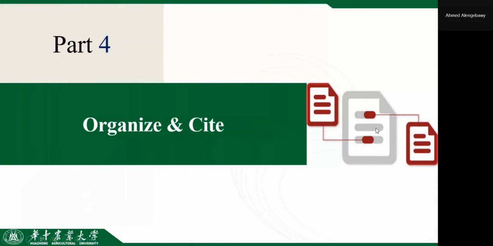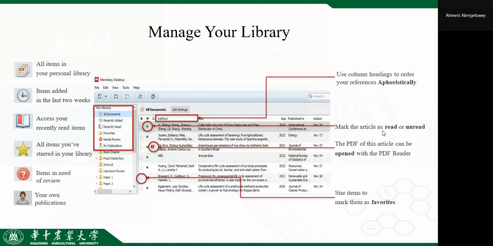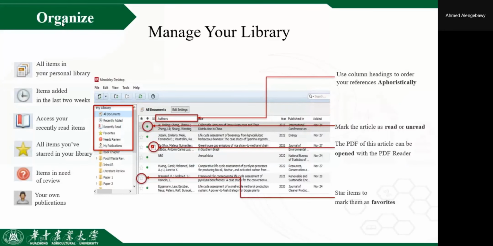So the most important part here is how to organize and how to make citations using Mendeley. So start with organize. Firstly, this is your own library. You have to manage this library and know the meaning of each part of it.